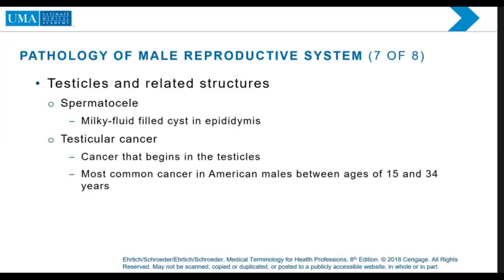Spermatocele is a milky fluid-filled cyst in the epididymis. And testicular cancer, that's cancer that begins in the testicles. This is the most common cancer in American males between the ages of 15 and 34.